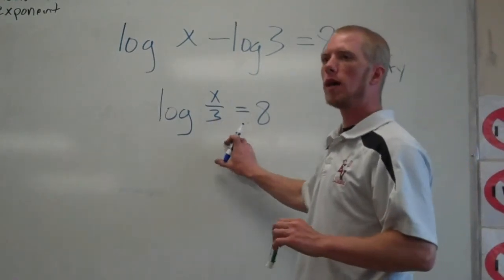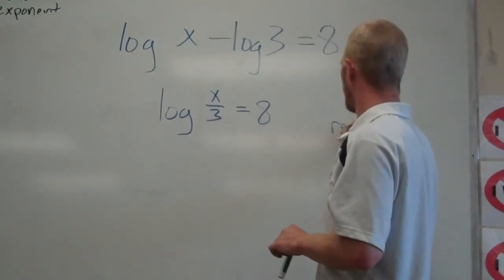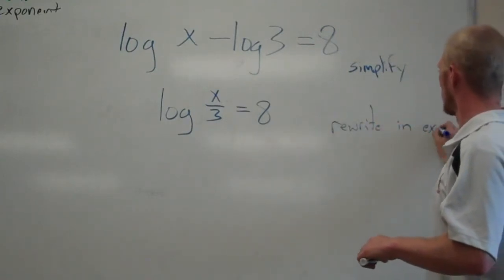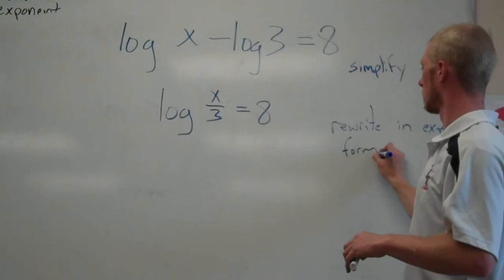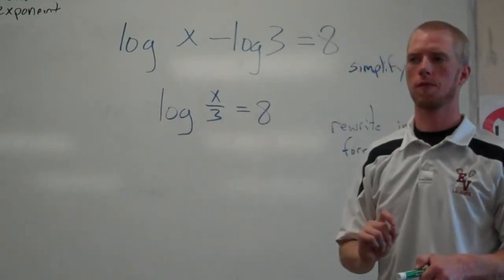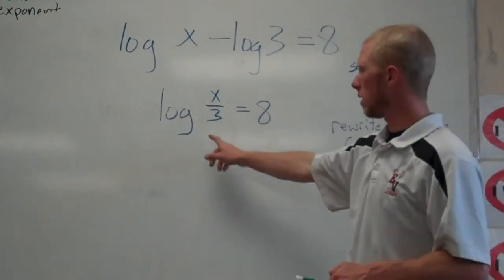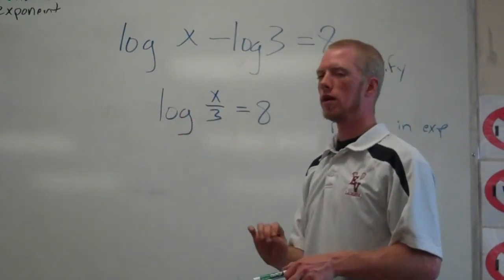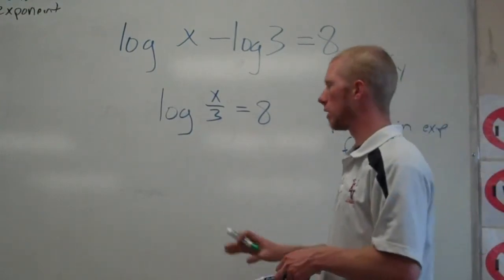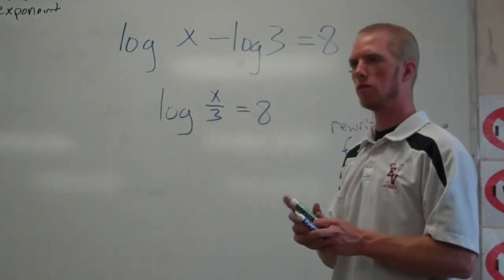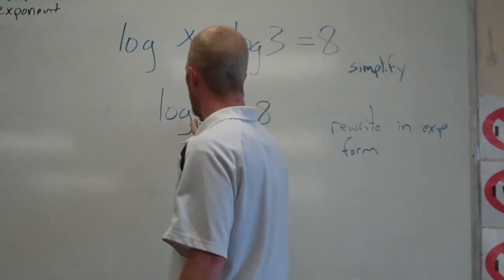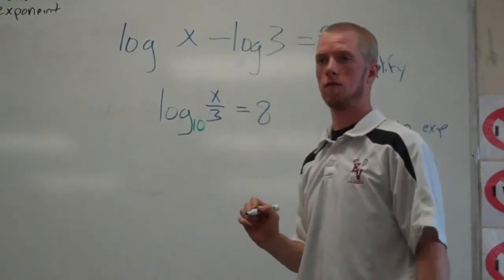If I want to rewrite this in exponential form, what I need to know is what is the base. And just like with a square root, we had an invisible number of a 2 as the index. Here, there's really an invisible number. When I don't write a number, the base is 10.